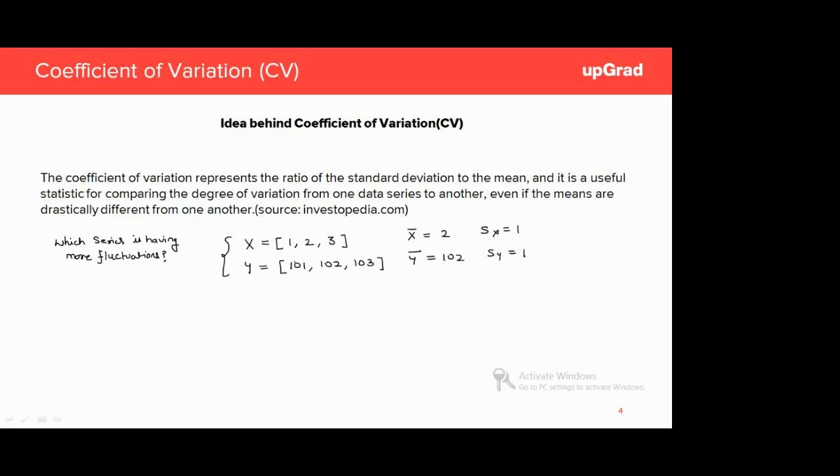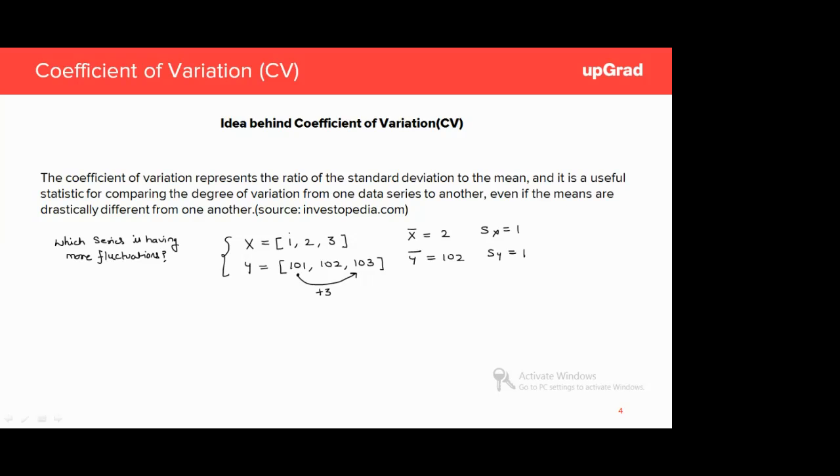Okay, let's try to think logically. Now can you find the jump between this particular element and this particular element? So here it is a jump of +3, right? And if you look at the series Y, the first value is 101 and the last value is 103. So there is a jump of +3 from first to last, right?